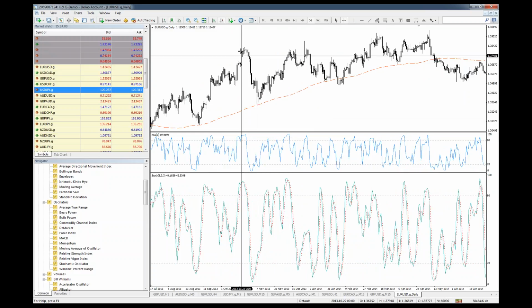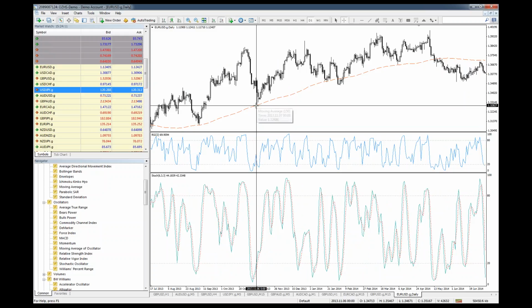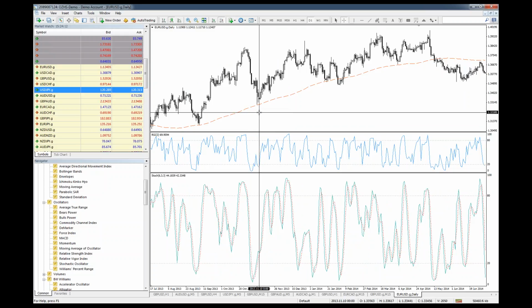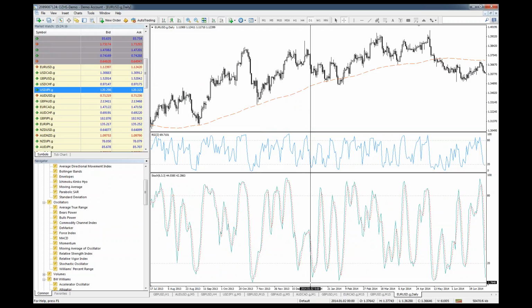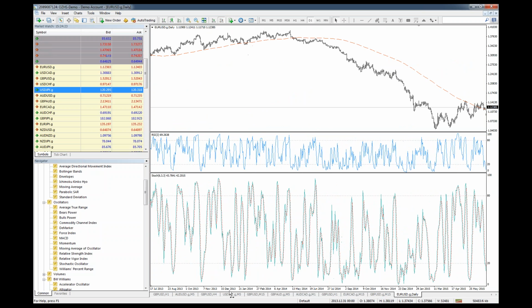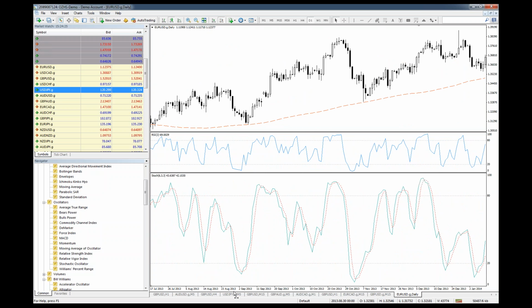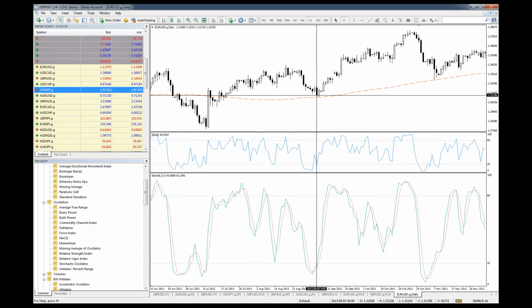Here's another one. We came all the way down where we're oversold, and if I squeeze this chart out, which I can do down here in MT4.